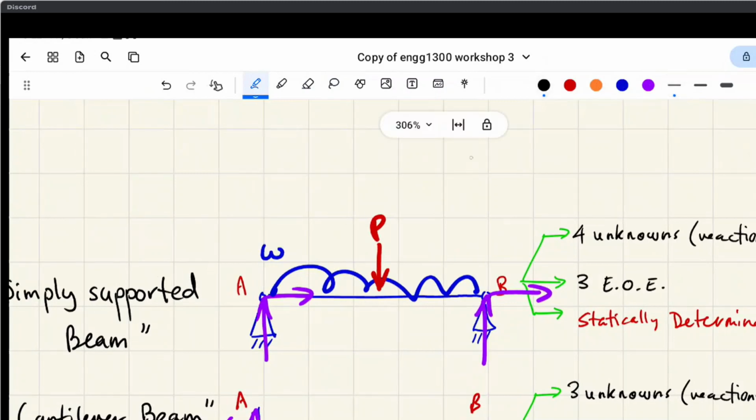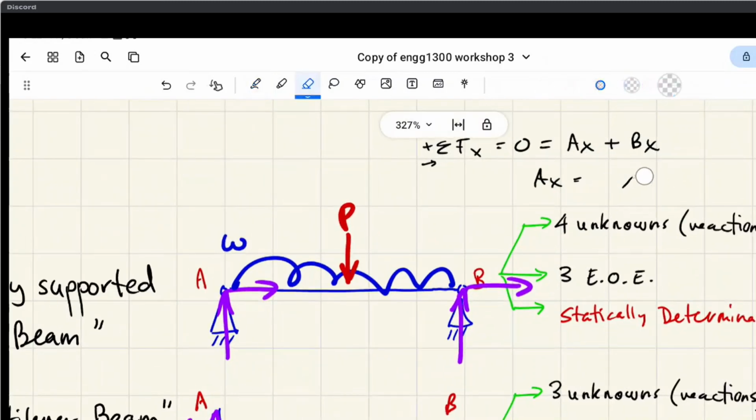So when we take the sum of the forces in the x direction, all we know is that Ax is equal to negative Bx, right? But because there's no external loading horizontally, we can safely say that these are both equal to zero, right?